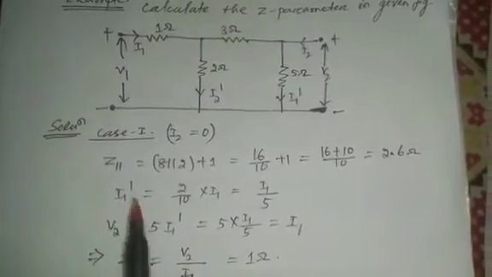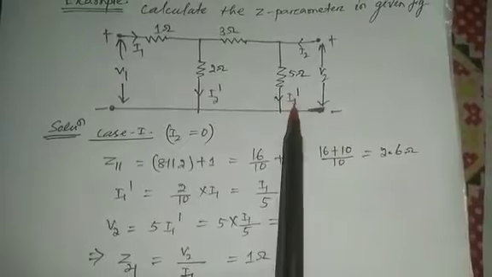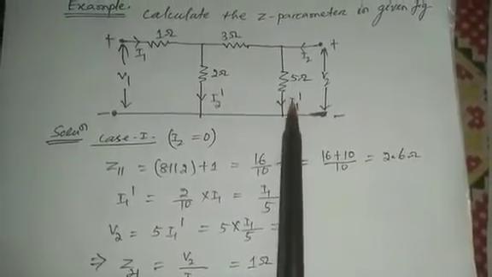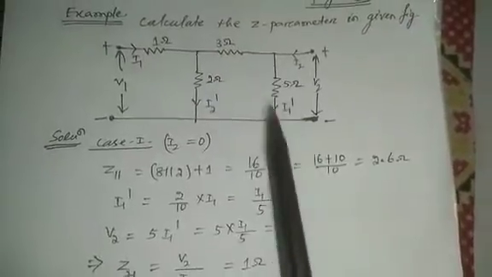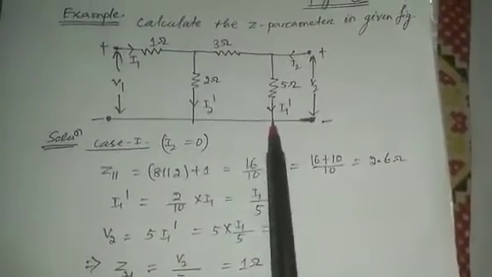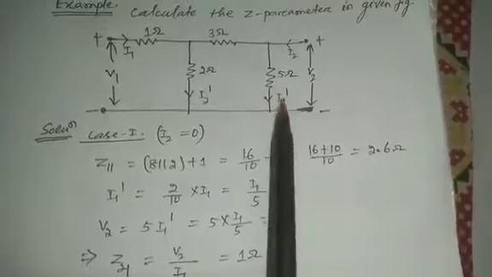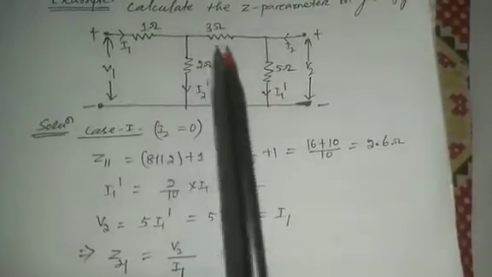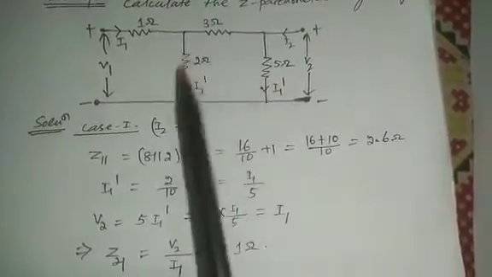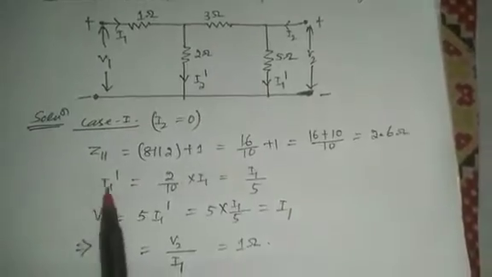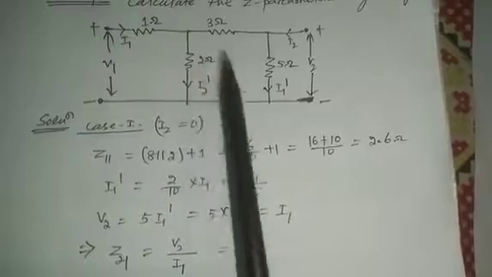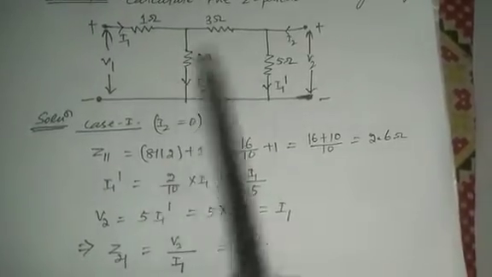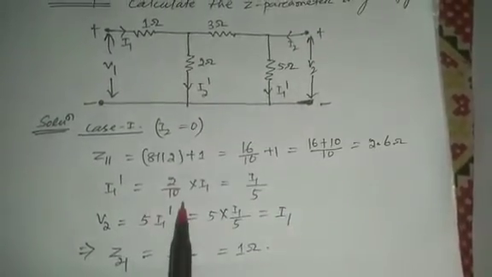Then what is the value of I1 dash? I2 equal to 0 means at this point the current is divided in two paths. When we apply the current division rule, it is the total current into the opposite branch resistance divided by the total resistance. So I1 dash is equal to I1 into the opposite branch resistance 2, divided by the total 2 plus 3 plus 5, that is 10.